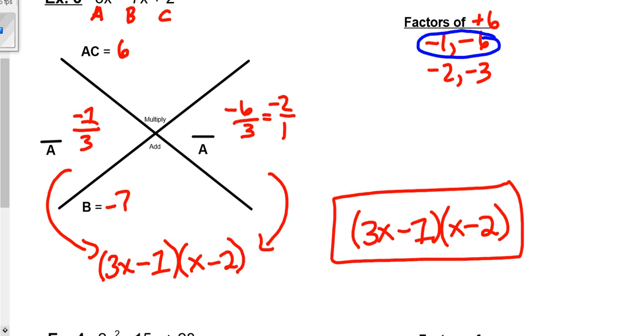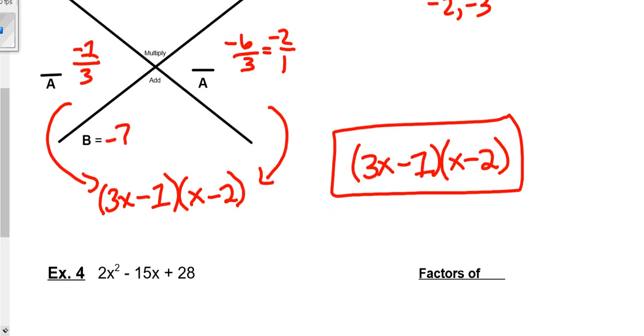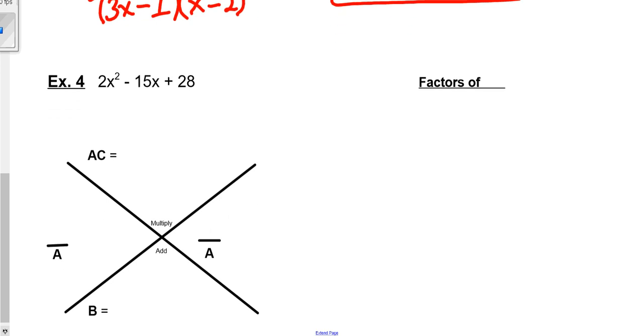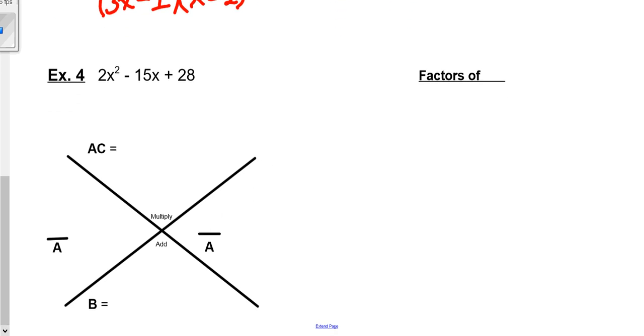Now let's go to example 4. Our example is 2x squared minus 15x plus 28. We're going to identify our a's, b's, and c's. So our a here is a positive 2. Our b is a negative 15. And our c is a positive 28.